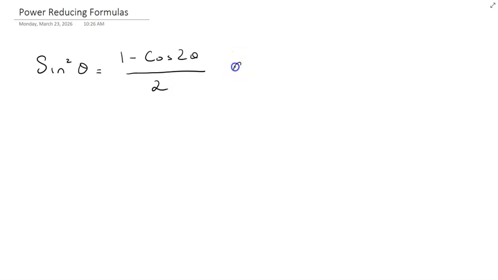So there's your sine squared, which would be written as 1 minus cosine 2 theta over 2. Cosine squared theta will be 1 plus cosine 2 theta over 2.